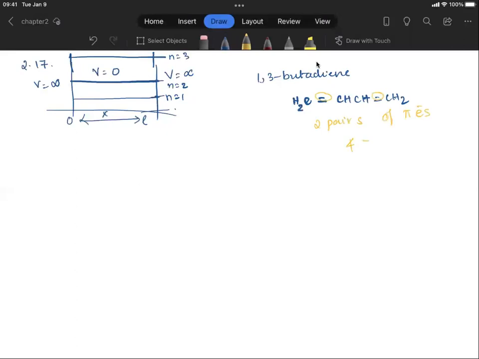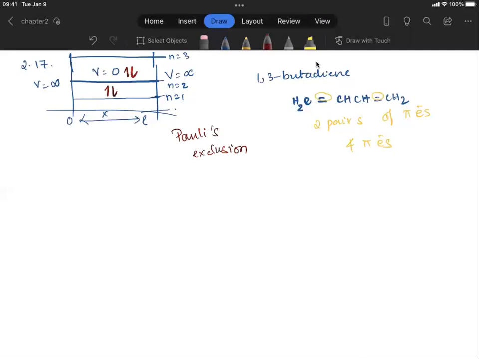So we have 4 pi electrons here. Since the Pauli exclusion principle allows only 2 electrons to occupy a given energy level, starting with the lowest energy level, there will be 2 occupying this, and there will be 2 occupying N equals 2, right?